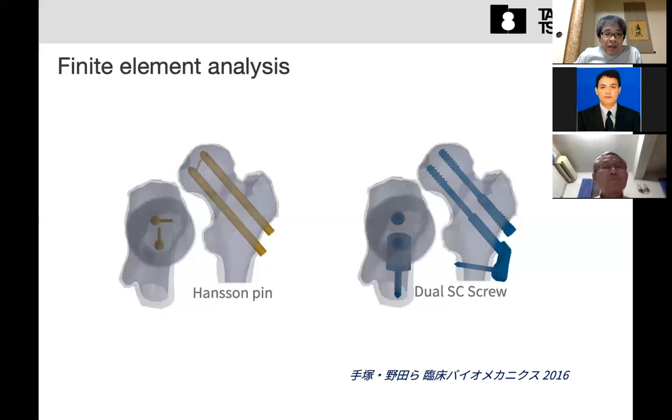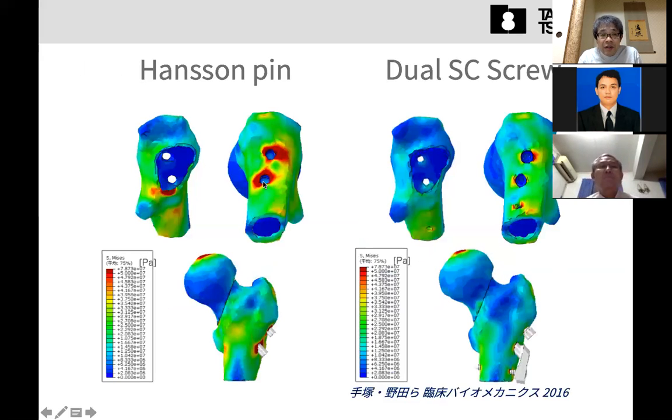This is the finite element analysis comparing the Hansson pin and the dual axis screw. This is quite similar to the cannulated screw. This is the Hansson pin, and this is the dual axis screw. The red area is where the stress is concentrated. So with the Hansson pin, the stress is concentrated around the pin insertion area, like this here.